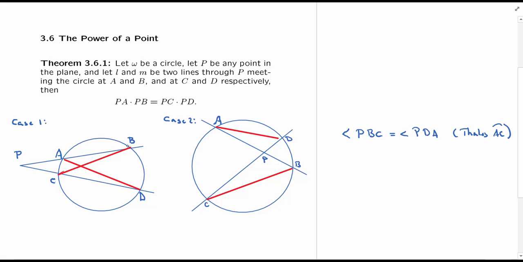Next, we see that angle BPC is equal to angle DPA. That's because they're the same angle. Over here it's slightly different, but we see that BPC is equal to DPA simply because they're opposite angles. Now we conclude that by similar triangles, triangle BPC is similar to triangle DPA.